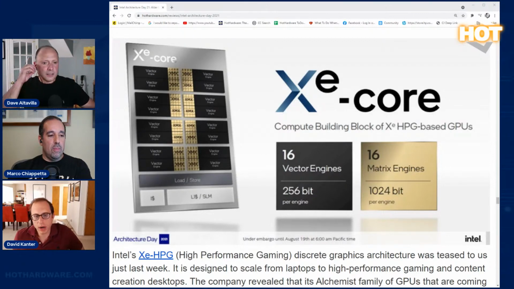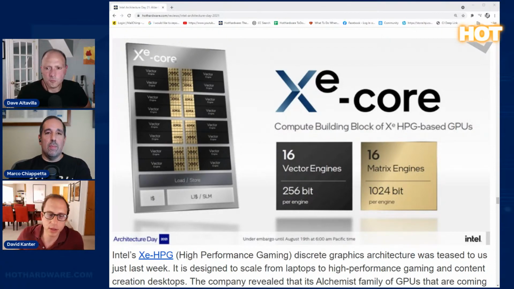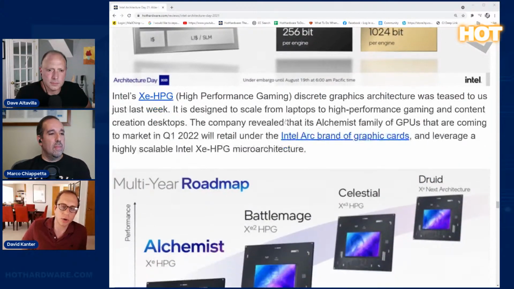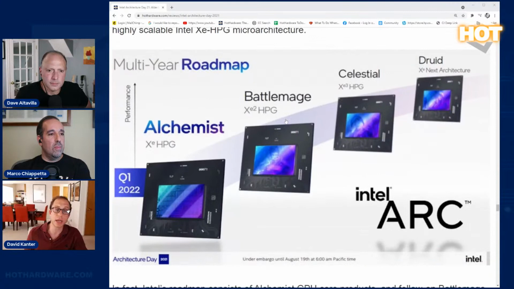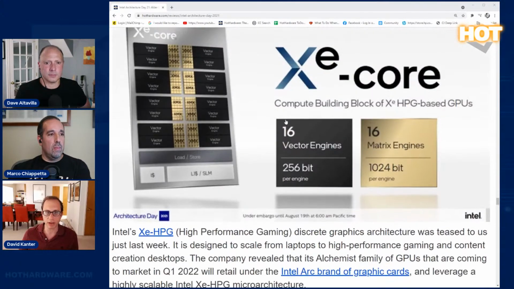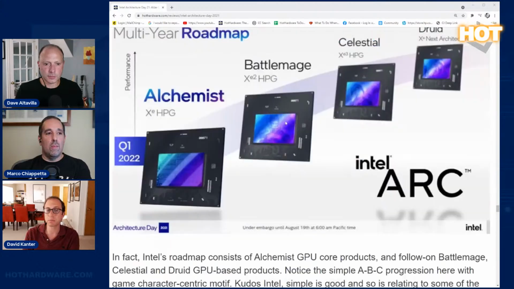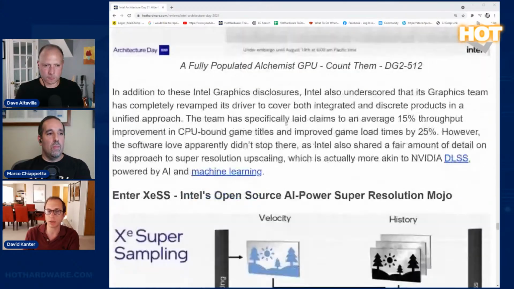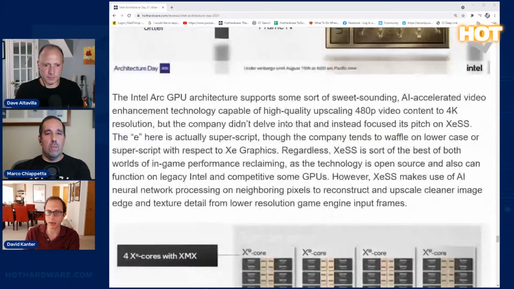Yeah, so I think the interesting thing to me was you have a big improvement in getting the matrix engine in there, in treating matrices as a first class computing primitive. And then XeSS is also, and ray tracing, right? If you look at the advances that Intel has packed in, that's a pretty big improvement in the graphics architecture.